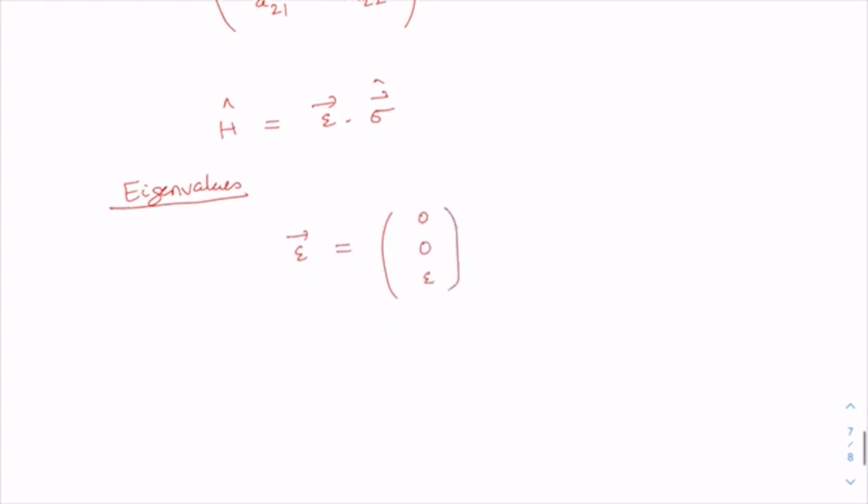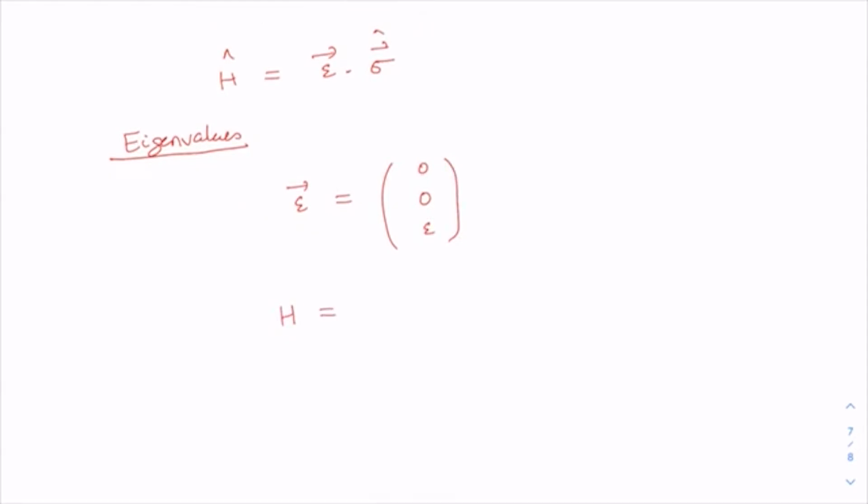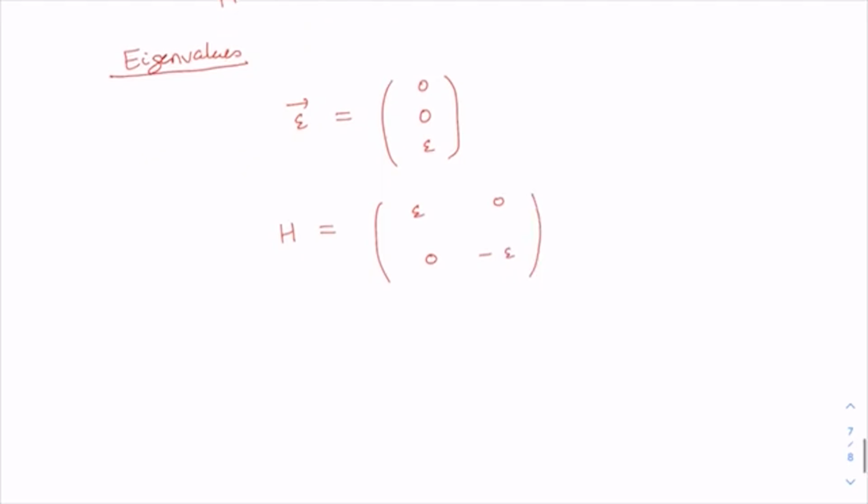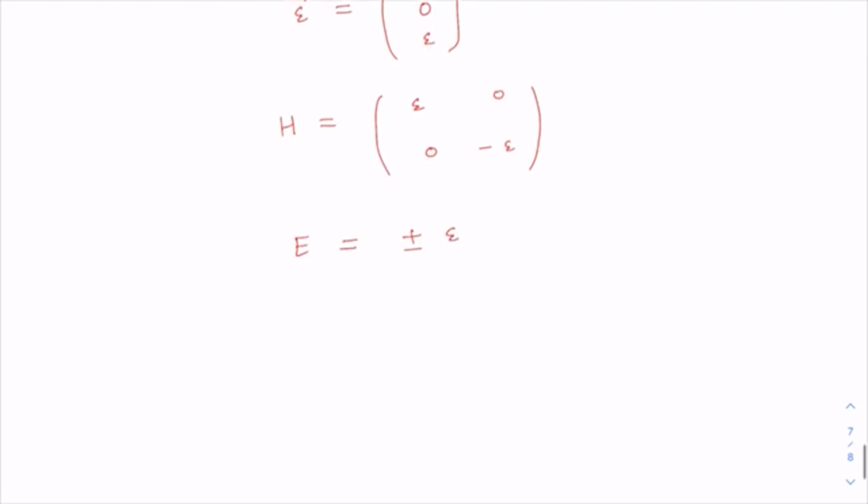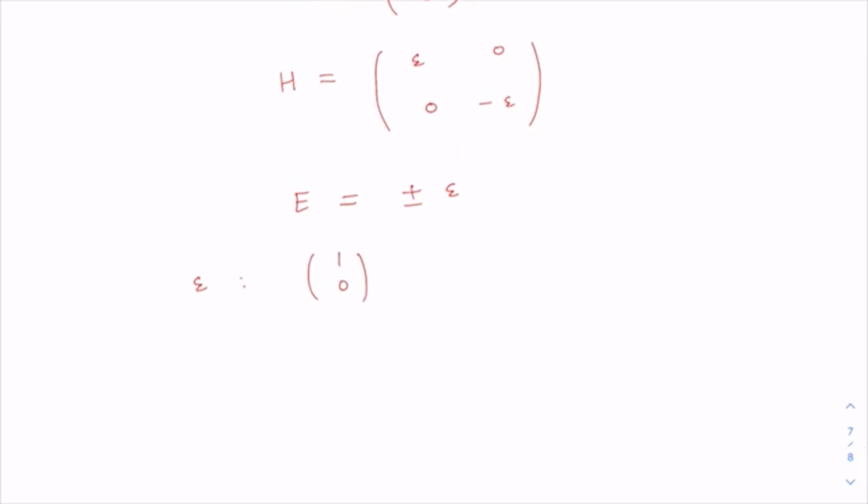In that case, this Hamiltonian H would simply become epsilon 0 0 minus epsilon. That means there is no coupling between the energy levels, and clearly the eigenvalues of the Hamiltonian are E equal to plus minus epsilon, and the eigenvector corresponding to the value epsilon would be simply 1 0, and the eigenvector corresponding to the eigenvalue minus epsilon is 0 1.